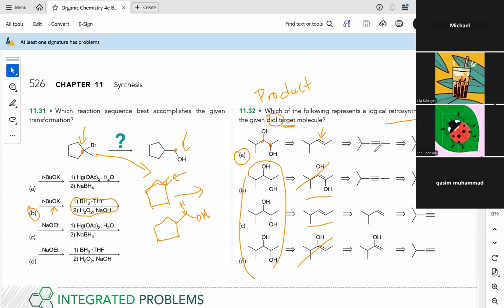And I know that if I had an alkyne here, I could convert that to a trans alkene. In C, there's not enough carbons here, and we don't have a triple bond as well. So I would eventually eliminate answer choice C during my retrosynthetic analysis.